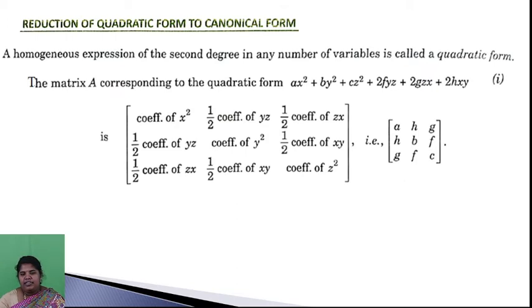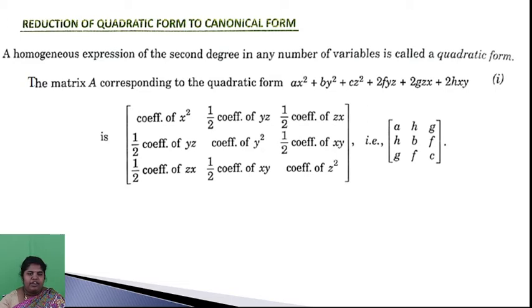For example, consider the given equation I: ax square plus by square plus cz square plus 2fyz plus 2gzx plus 2hxy. So in each and every term we have the power as 2. So this is a homogeneous expression of degree 2. Now we are going to reduce this quadratic form to a canonical form.